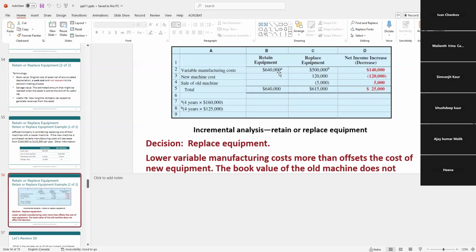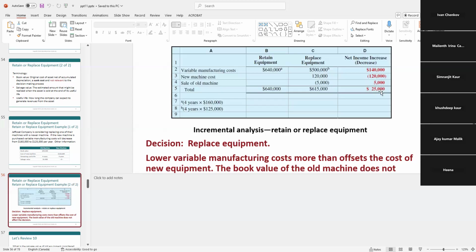So now I'm comparing the current situation versus the new situation. In the current situation, if I stay, my expense is going to be higher. The new machine costs more, but there is the sale of the old machine.